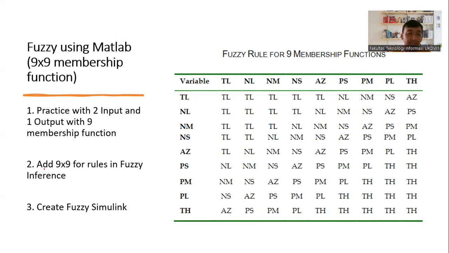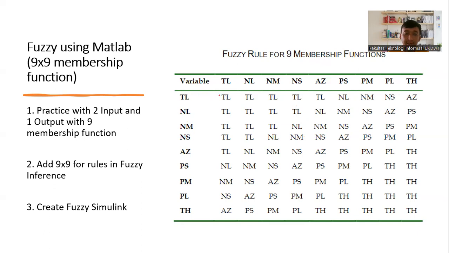After that, we add 9 by 9 rules in a fuzzy inference. After we make the fuzzy inference, we can create a simulation with fuzzy Simulink in MATLAB. In this picture, I show the relation for the 9 membership functions.